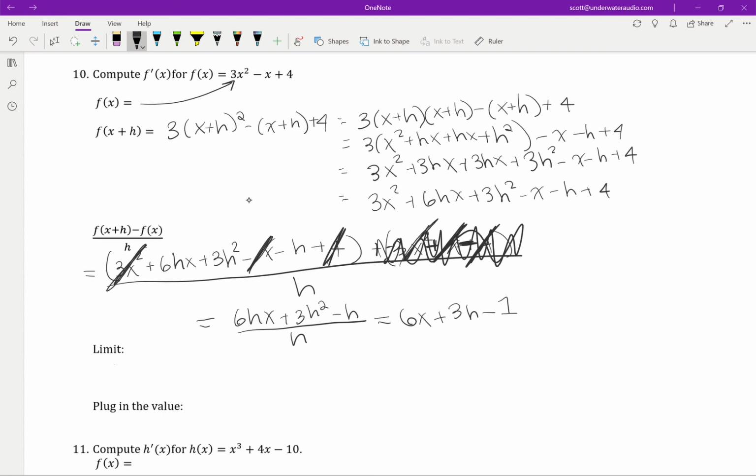So the limit I'm trying to find, f prime of x equals the limit as h goes to 0 of 6x plus 3h minus 1. That's a polynomial, so I can just plug in the value of 0. So I get 6x plus 3 times 0 minus 1, or 6x minus 1.